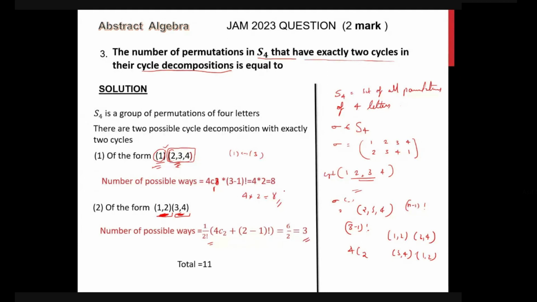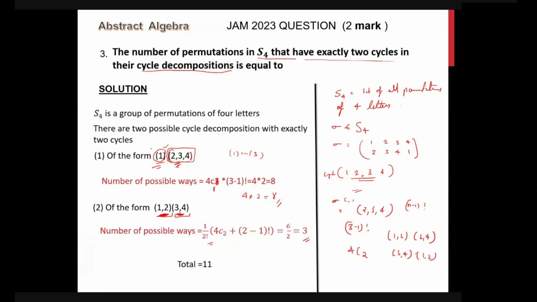So the answer is 8 plus 3, which is 11. Total 11 cycle decompositions. That means the number of permutations in S4 that have exactly 2 cycles in their cycle decomposition is equal to 11.